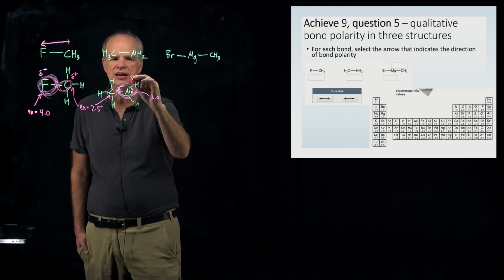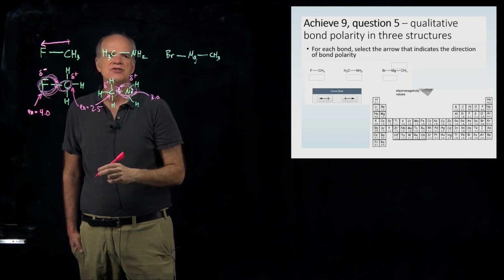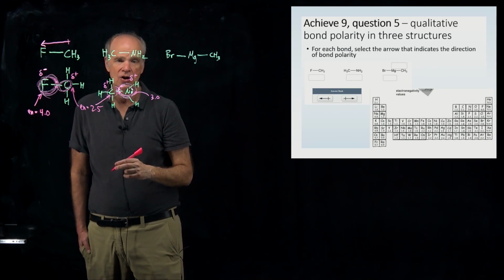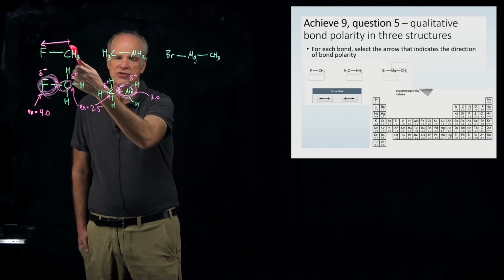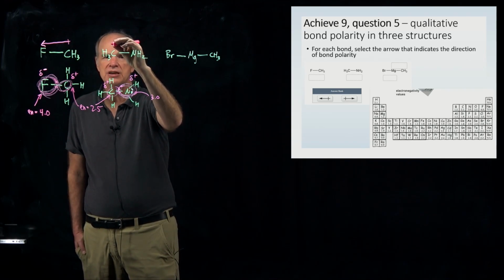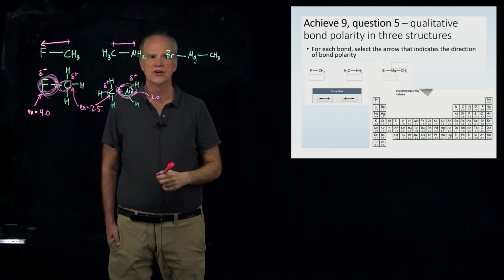Therefore, the nitrogen end is delta negative, the carbon end is delta positive. And so what you have to do is draw a dipole moment arrow that depicts that. And so the base of the arrow goes from the end with the lesser electronegativity and points to the end with the greater electronegativity, so it looks like this.